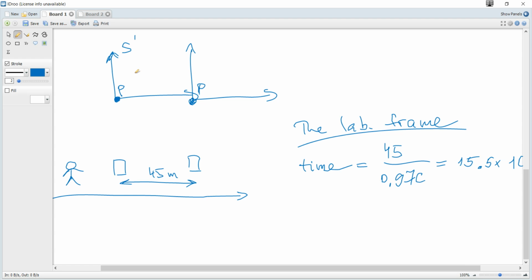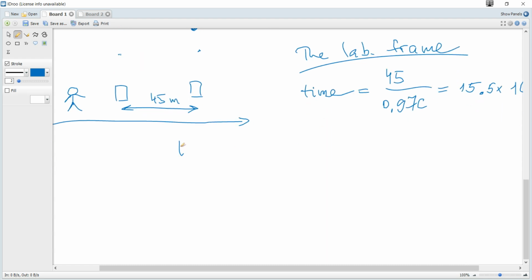It's a moving reference frame, but the particle is always at the same position in it. So the first moment of time and the second happen when the particle is at the same place in S prime. So S prime measures the proper time, but the observer on the Earth measures the dilated time.